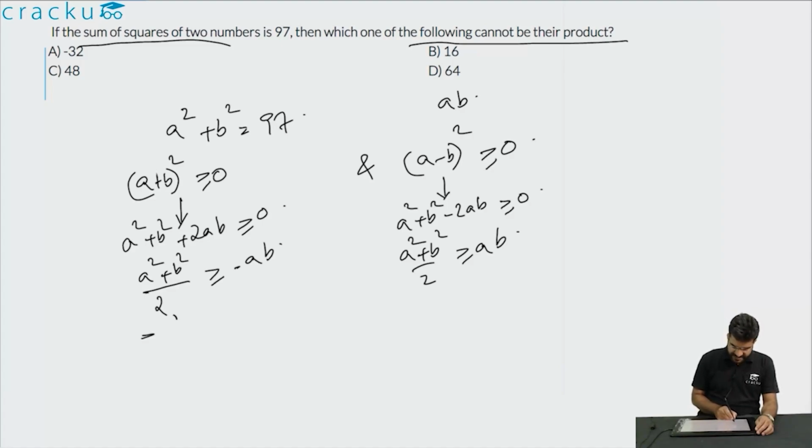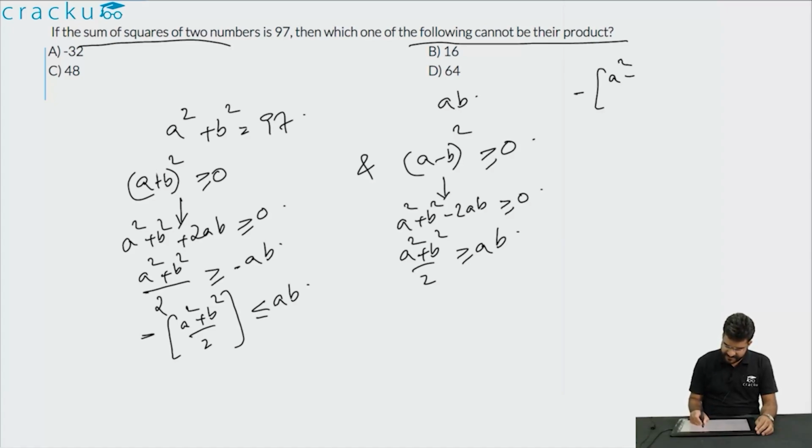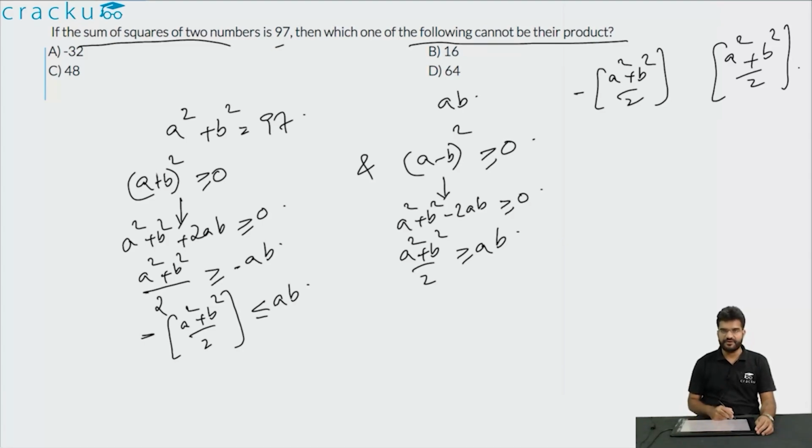So minus of a square plus b square by 2 is less than or equal to ab. So here you have a lower bound and an upper bound for ab. It will vary from minus of a square plus b square by 2, and the maximum possible value is a square plus b square by 2. In this case, we know that a square plus b square is equal to 97.